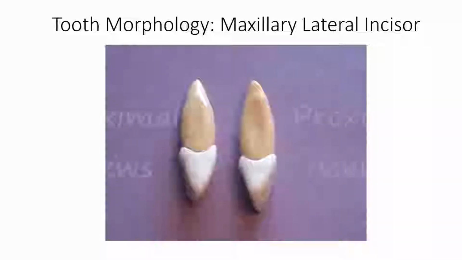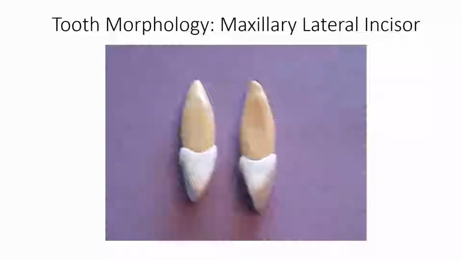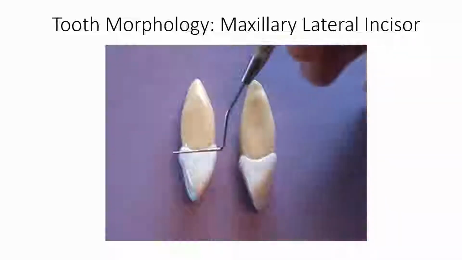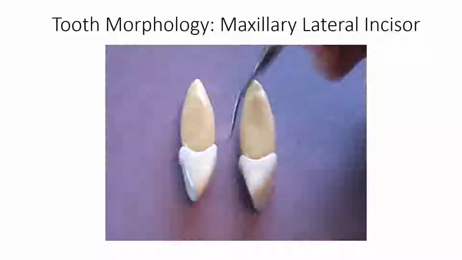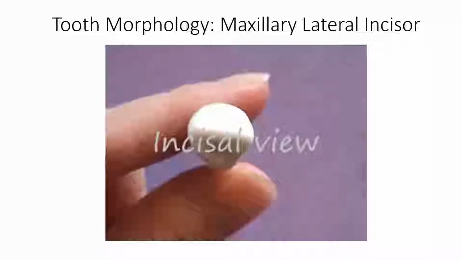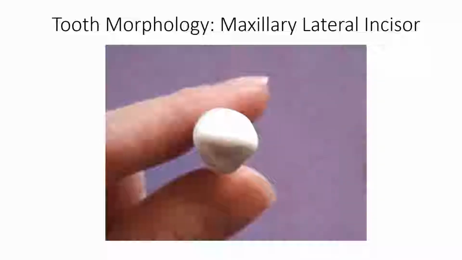From the proximal view, the profile of the crown is triangular, and the height of contour for both the lingual and the labial is in the cervical 1/3. From the incisal view, the lateral is more rounded and less triangular than the central incisor.